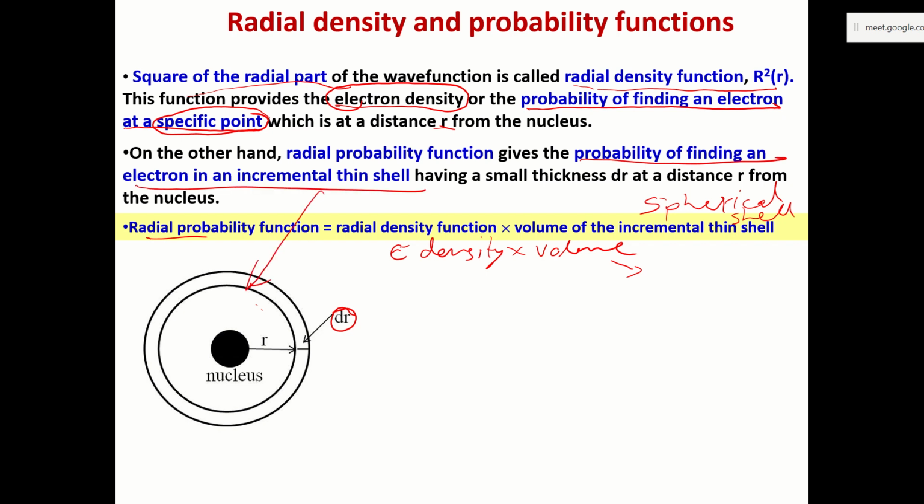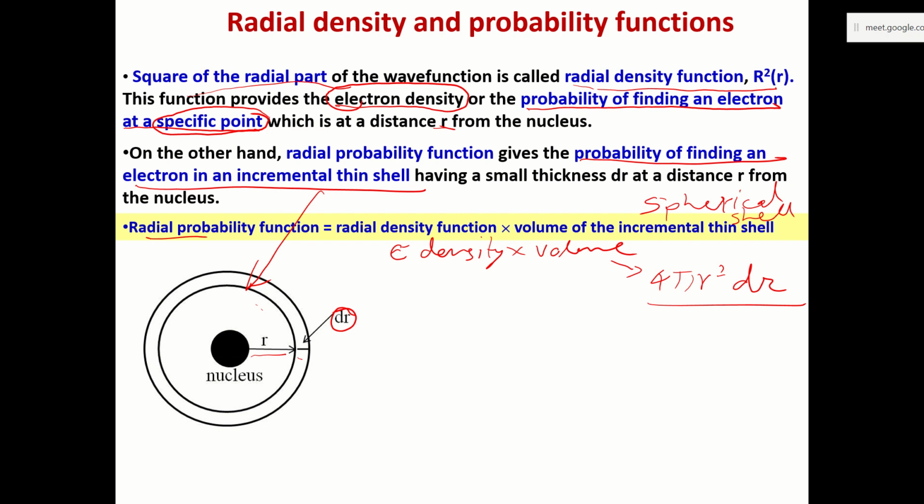At a distance r, we have a thin shell of thickness dr, and we are trying to find the probability of the electron in this thin shell. So that is given by electron density into volume, and the volume of the thin shell will be 4 pi r square dr, right? This is a volume element.